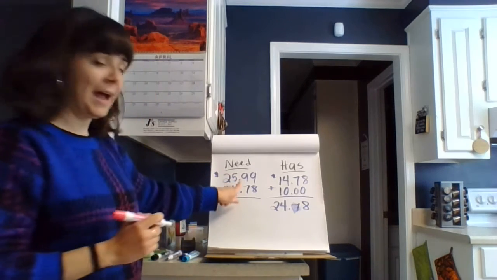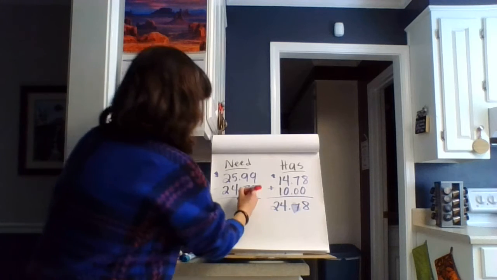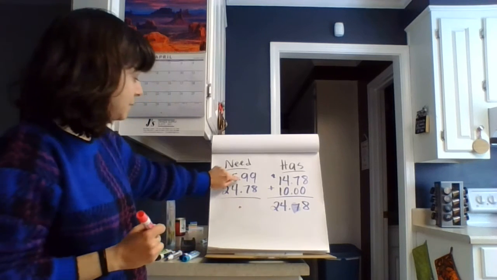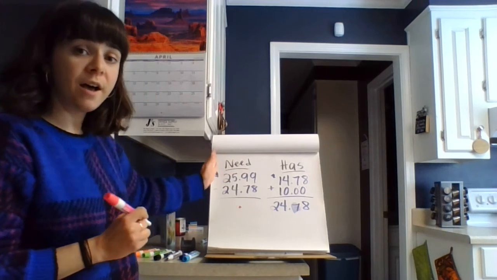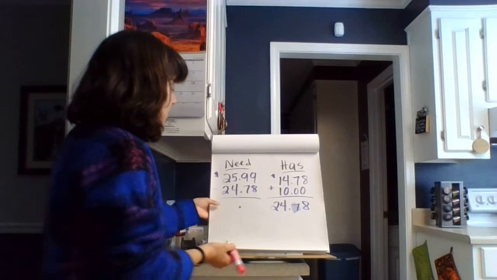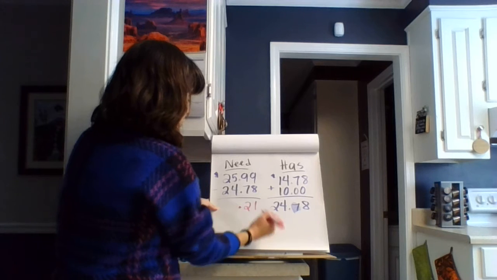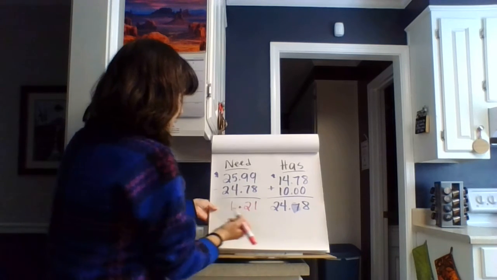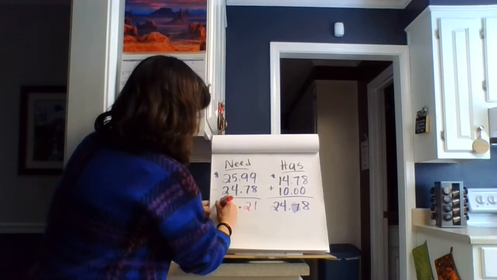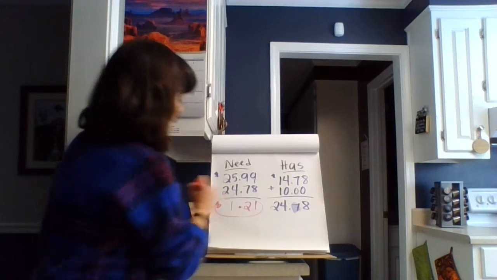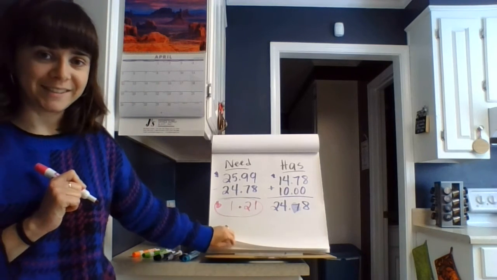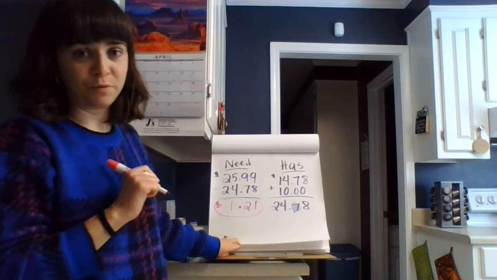Okay, so I know that when I add and subtract decimals, my decimal can just come straight down. That's why it's important to line every digit up and to line up the decimals as well. 9 minus 8 is 1, 9 minus 7 is 2, 5 minus 4 is 1, and 2 minus 2 is 0. So he's almost there. He just needs $1.21 more to get that beautiful moose.